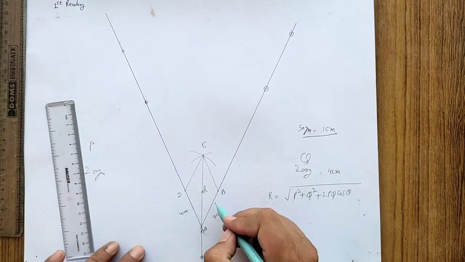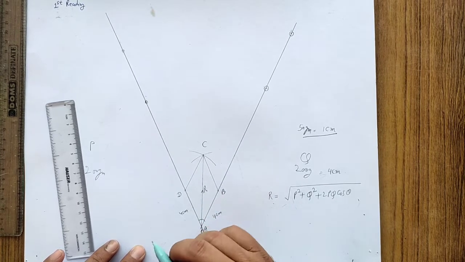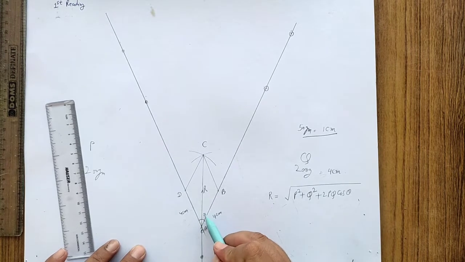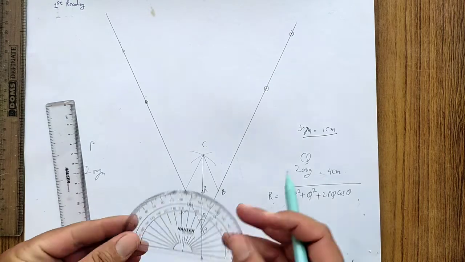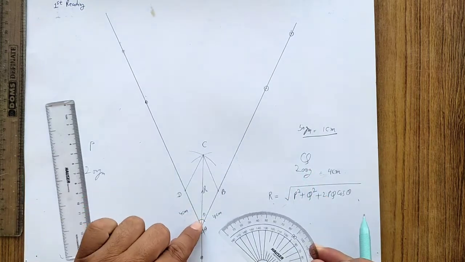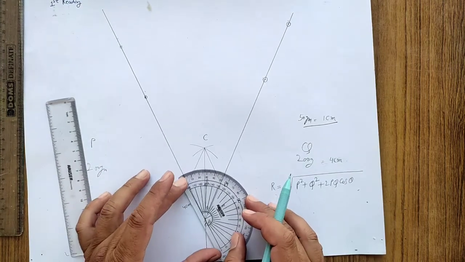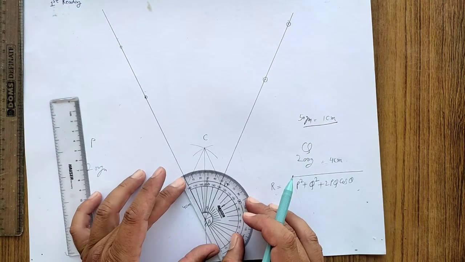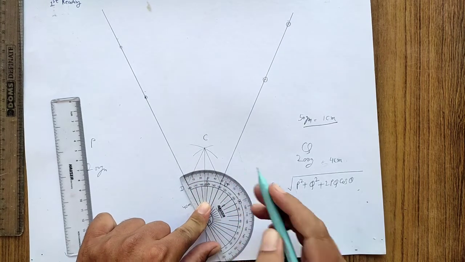Now, the angle between the adjacent lines, meaning AB and AD, this is angle theta. The angle at A is theta. I choose this reference line and with the help of a protractor I will find it and put it here. So this is my reference line and the angle becomes 0, 10, 20, up to 50 degree.